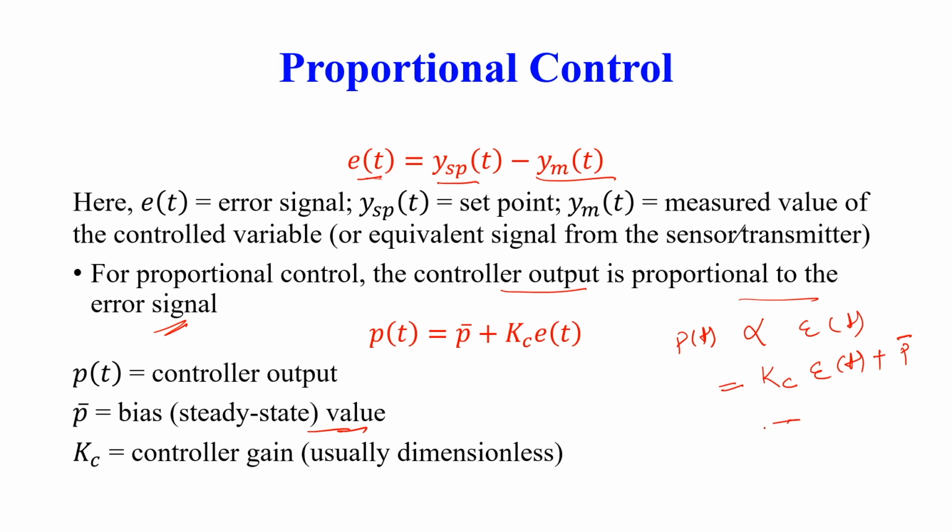So, this is the very simple equation for the proportional control. What is Kc? Kc is the proportionality constant that is defined as controller gain, and typically it is dimensionless, but depending on the unit of error or unit of your output, it can have a similar unit.